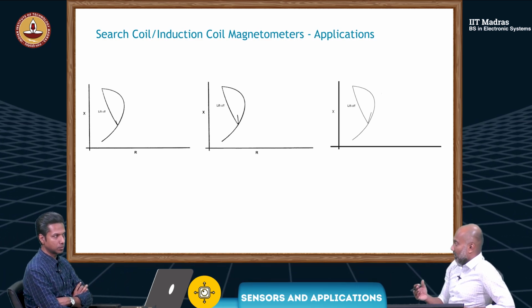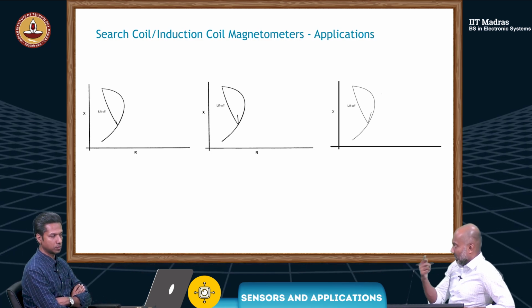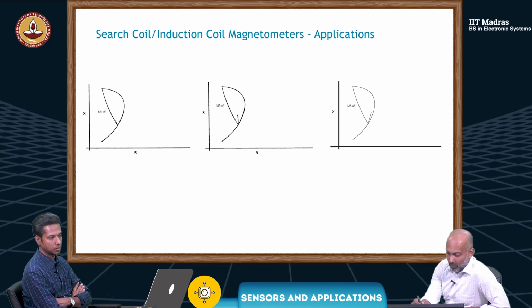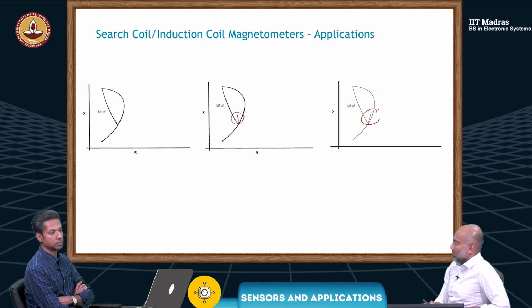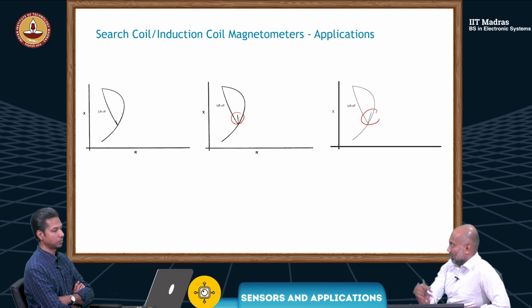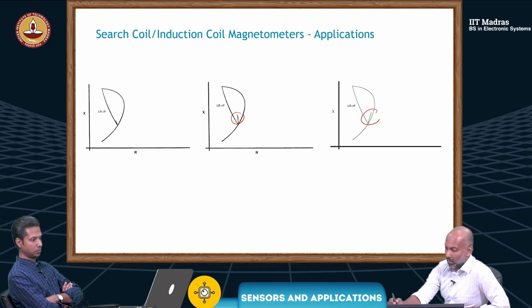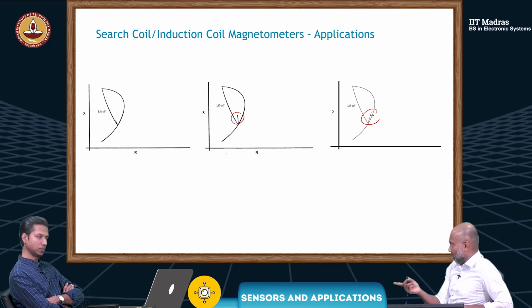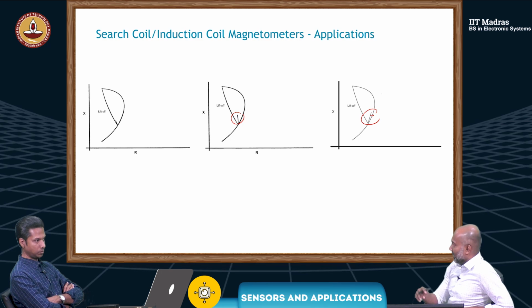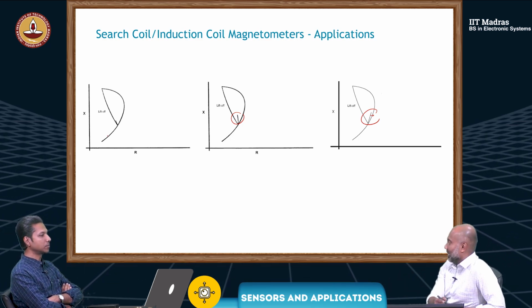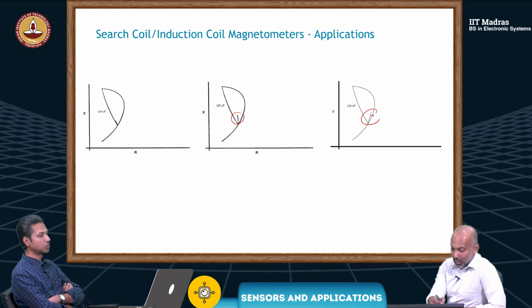For a deeper crack, the eddy current flow is interrupted more, so the signal that you get increases, and it gets closer and closer to the actual conductivity. You said the conductivity is effectively reducing, and that's exactly what you see here. So this is the curve that we saw before.